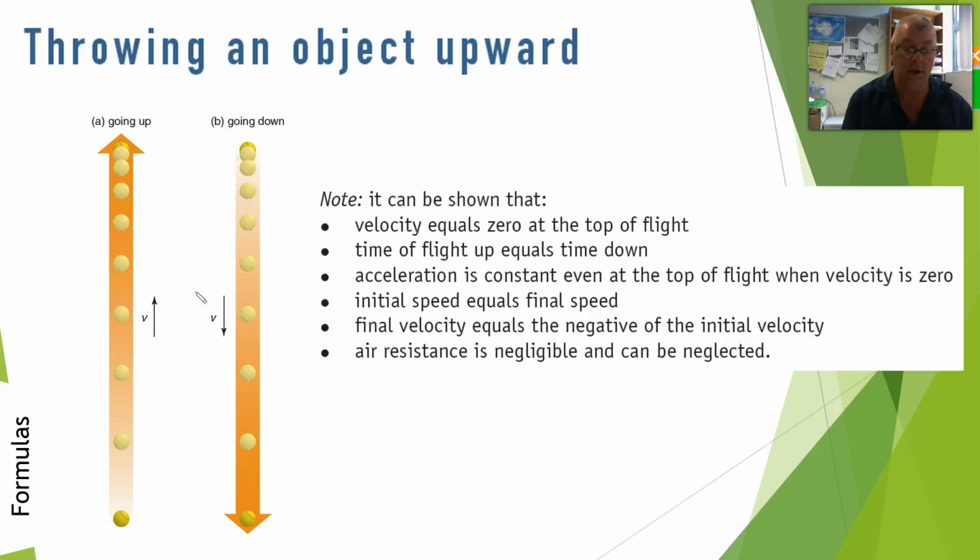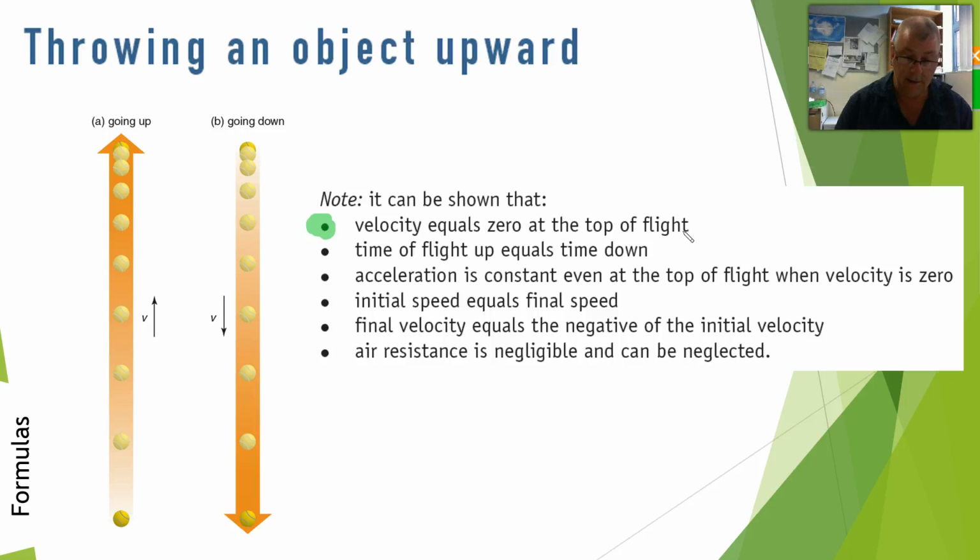So if you took a tennis ball and threw it up and then caught it at the same level, that's your going up and going down motion. And so a couple of things we like to note. The velocity equals 0 at the top of flight.